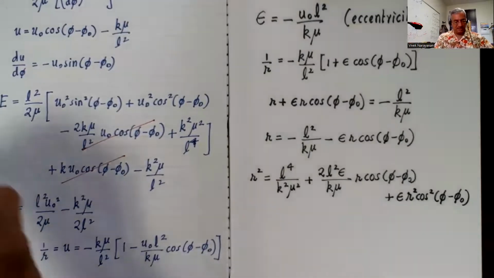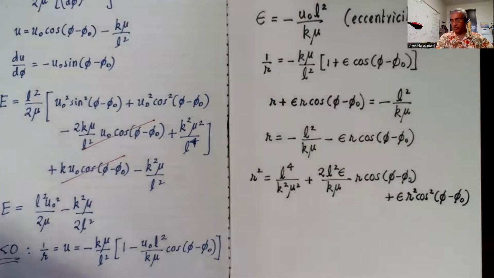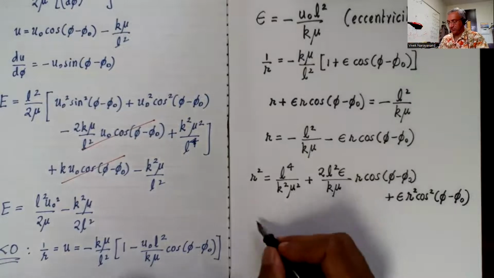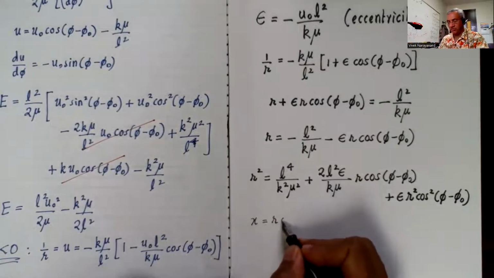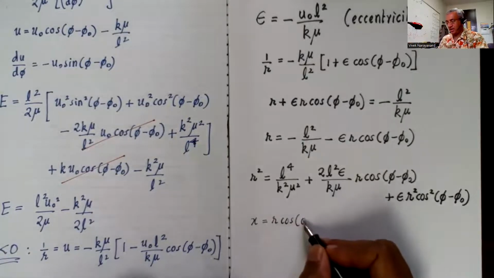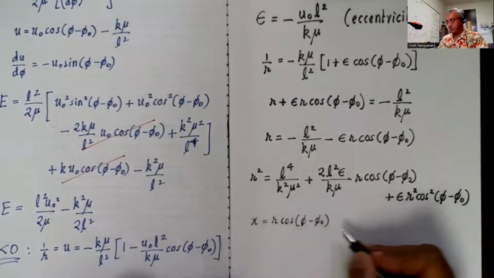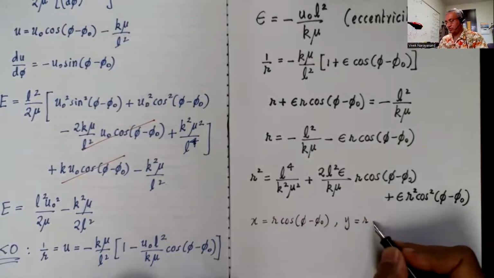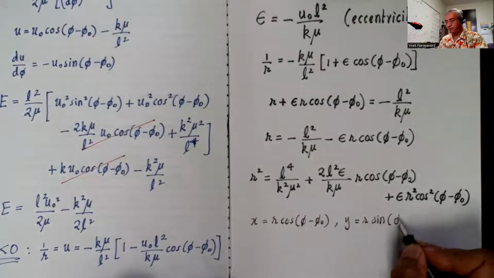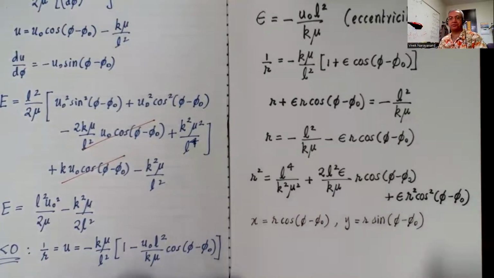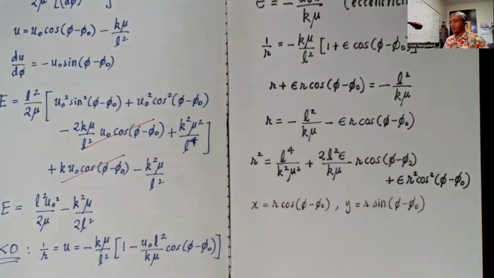At this point, let's use the meaning of polar coordinates. So x is r cosine(phi minus phi naught), and y is r sine(phi minus phi naught). Well, r squared is x squared plus y squared.